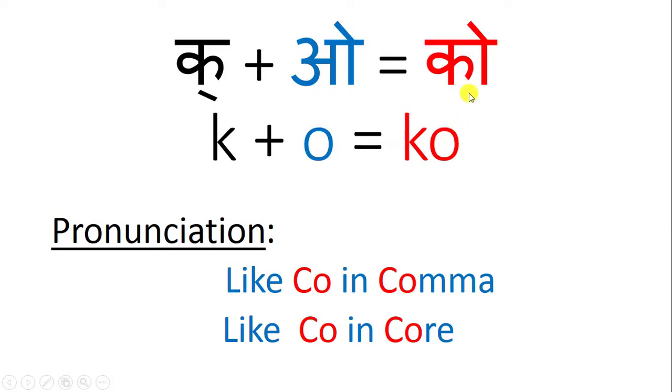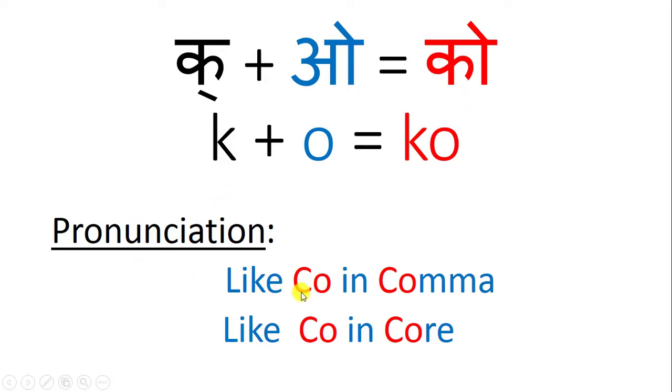Next is Ko. You get this sound Ko when you add K to O. K plus O equals Ko.